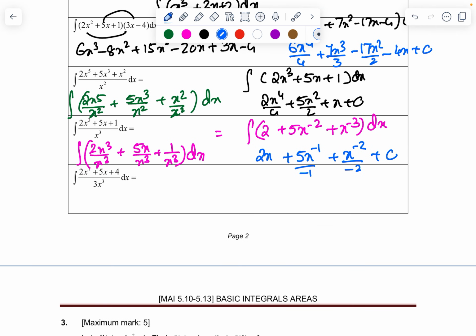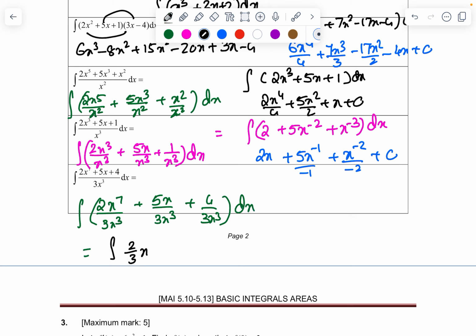Finally, it becomes the integral of 2x to the power of 7 upon 3x cubed plus 5x upon 3x cubed plus 4 upon 3x cubed dx. So this becomes the integral of 2 upon 3 x to the power of 4, 5 upon 3 x to the power of negative 2, 4 upon 3 x to the power of negative 3 dx.